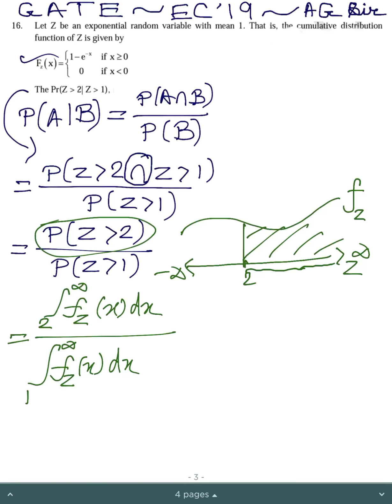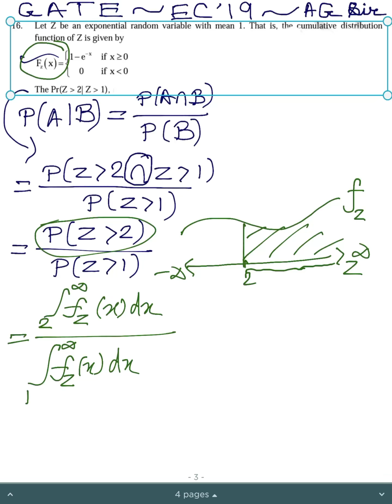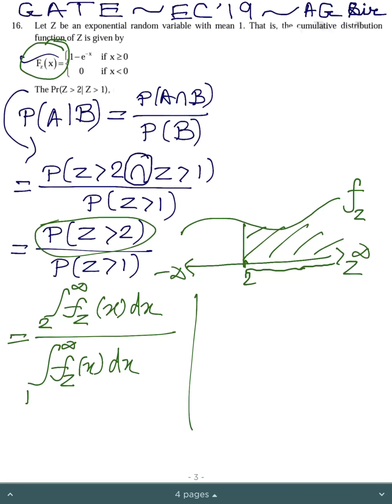Now the question remains, how do you determine the probability density function? Because the given function here is the distribution function of Z. You know that there is a relationship connecting the probability density function and the distribution function. What is the relation? If you differentiate the distribution function of Z, you obtain the probability density function, since it is the continuous case, that is small f.